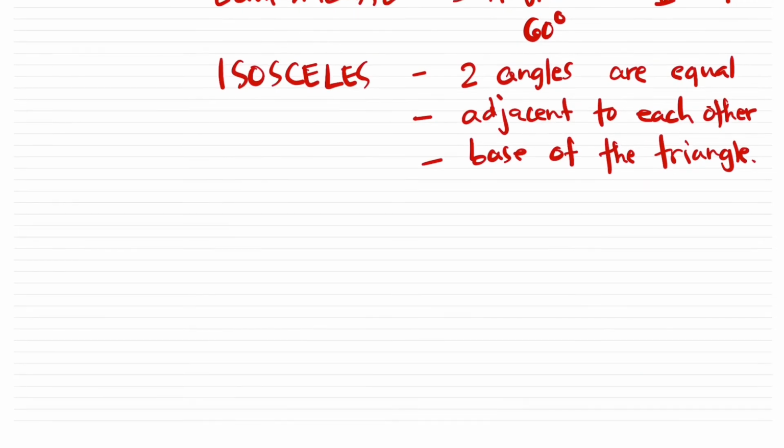For example, I have an isosceles triangle here, and this side here and that side here are equal.